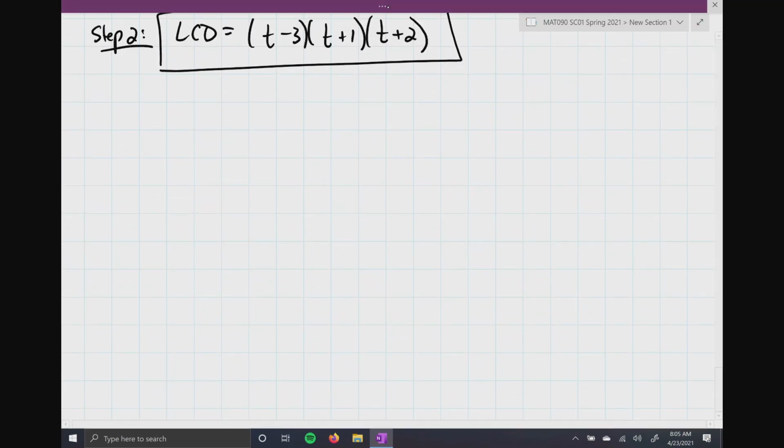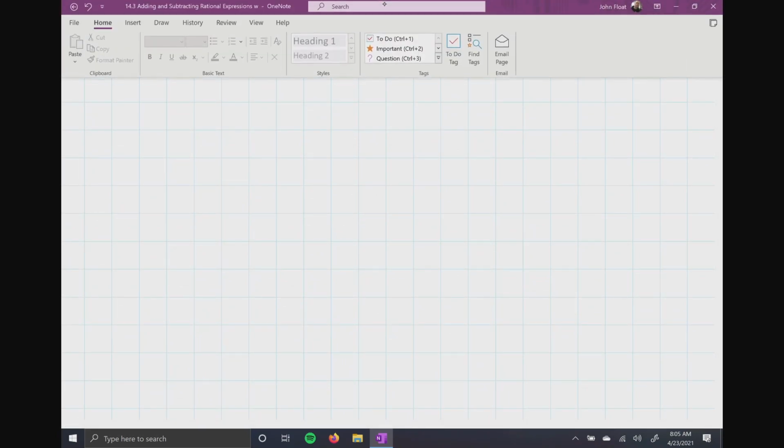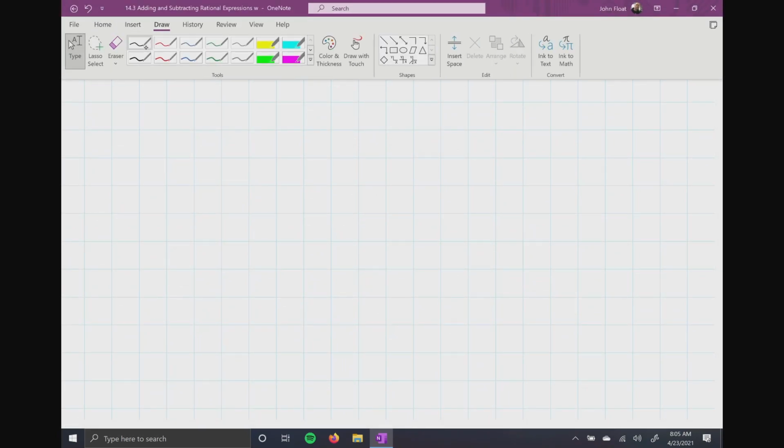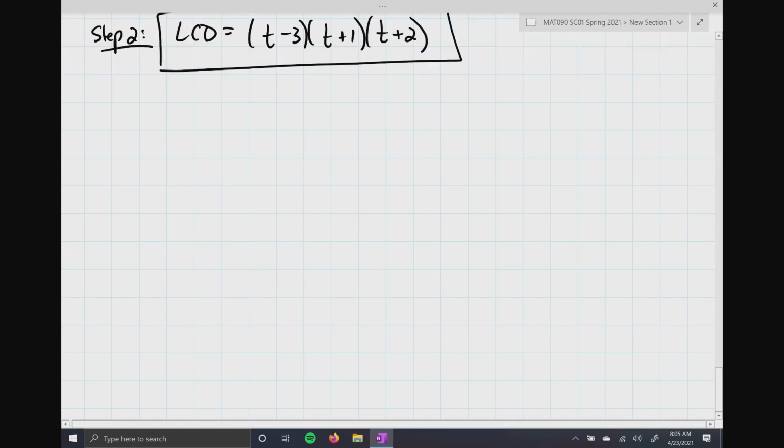And that leads us into what we're doing today, which is going to be building equivalent fractions. All right, so objective 3.